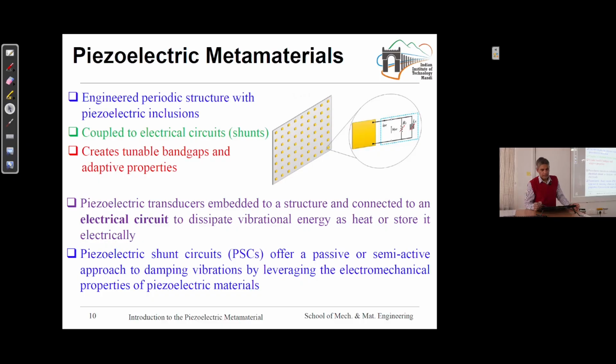If you don't want this energy to be dissipated into the environment, we can store this energy, and that would be energy harvesting, right? The piezoelectric shunt circuit offers a passive or semi-active approach to damping vibrations by leveraging the electromechanical properties of piezoelectric materials.